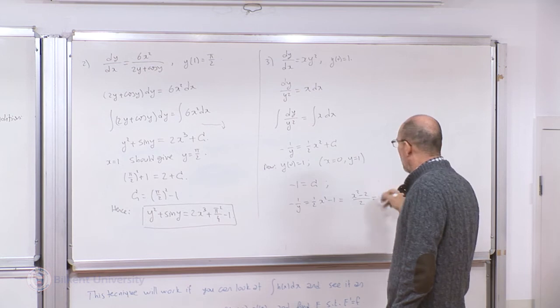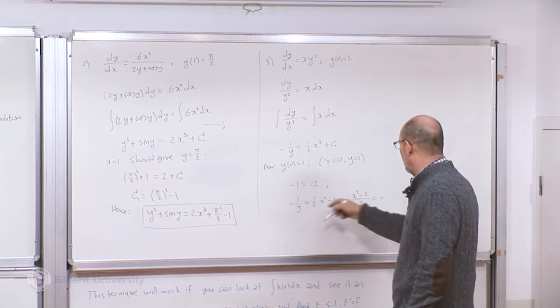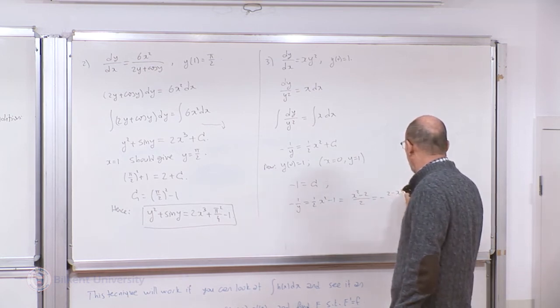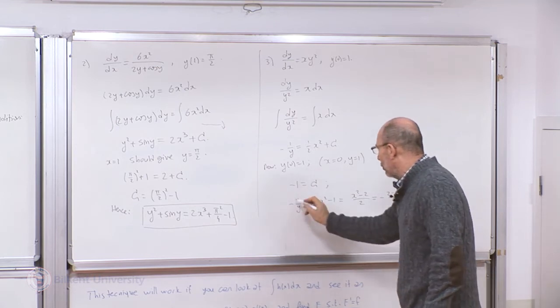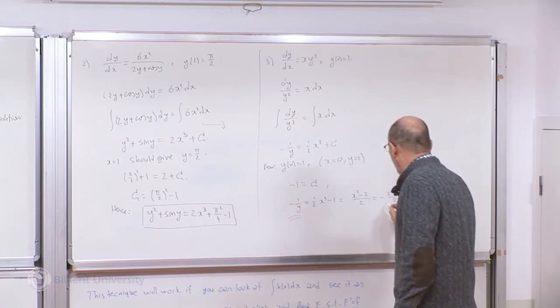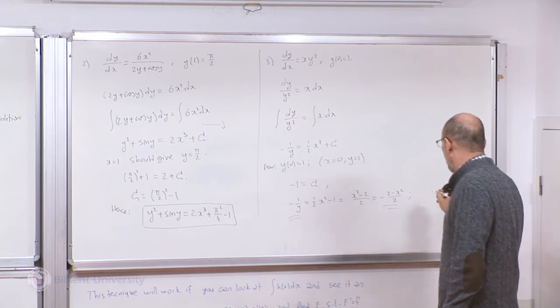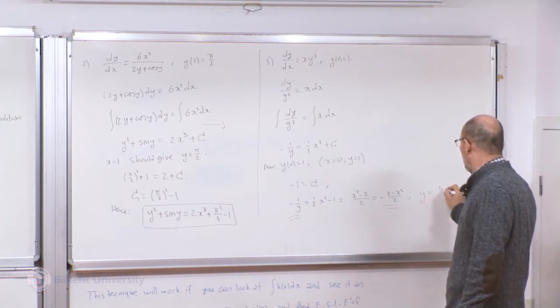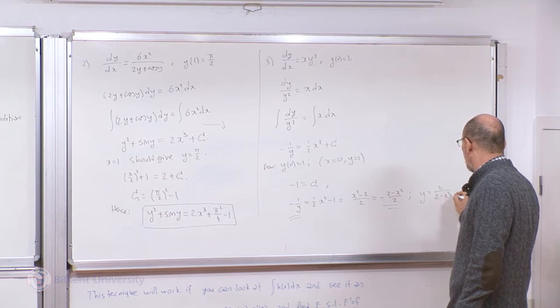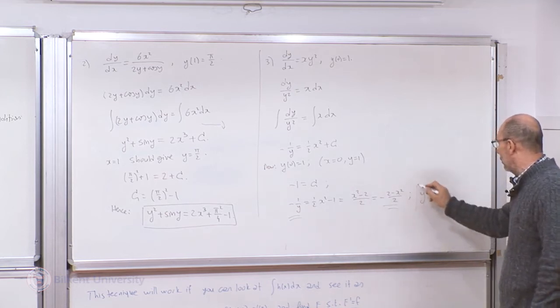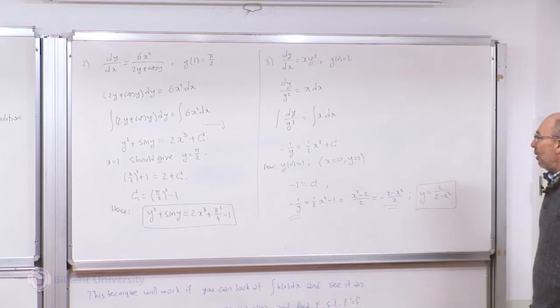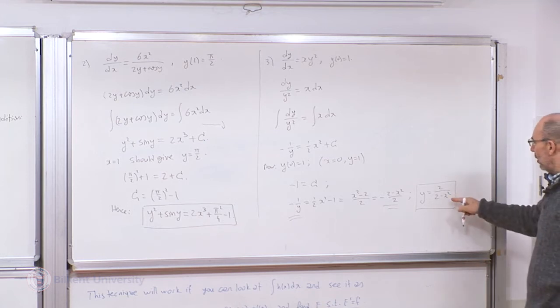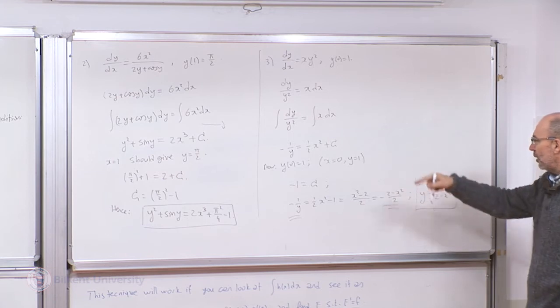So let's make it, we are now just playing to solve this, 2 minus x squared over 2. So this thing being equal to this, I can now write y is equal to 2 over 2 minus x squared. Okay? Now, I can check that if I put x equals 0, I get 1.